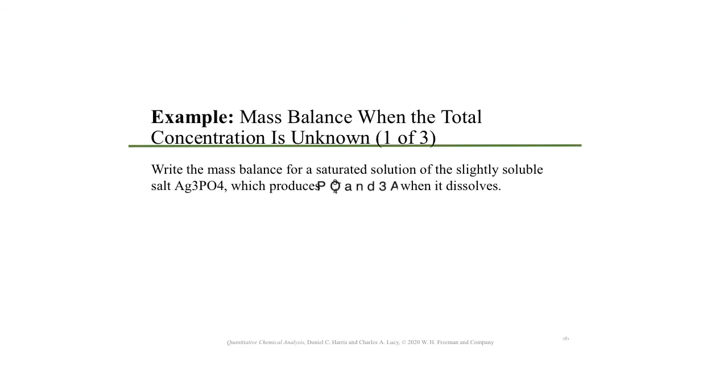So you can also say something like Ag3PO4, what's that going to look like in solution? Well, if you don't know the concentration, you can just write something that says what's the possibility here, right?